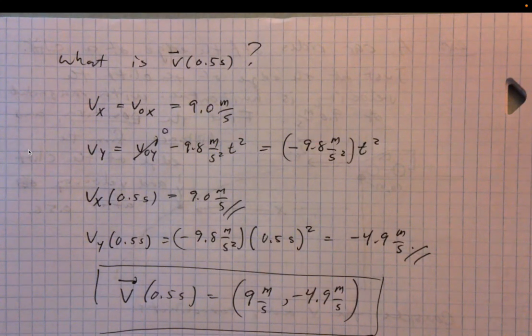Excellent. Let's do one more example. We'll do kind of the classic example, and that's the baseball trajectory example. So in this case, we're going to model the flight of a baseball.